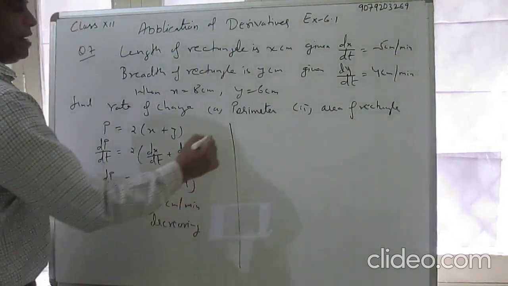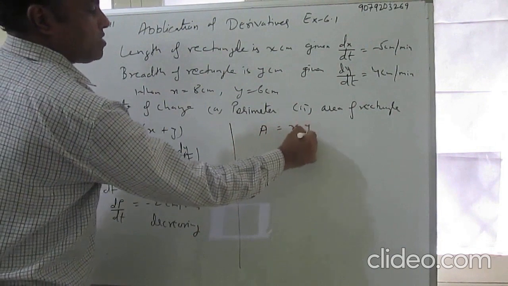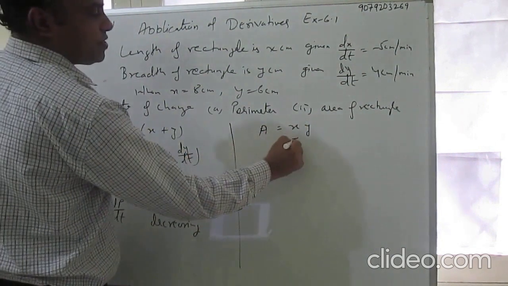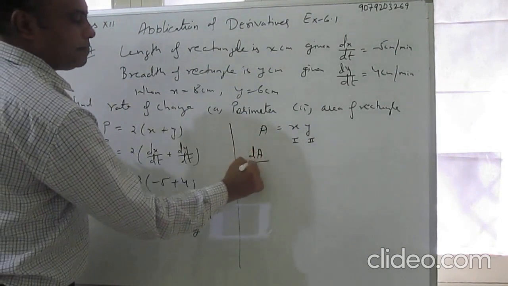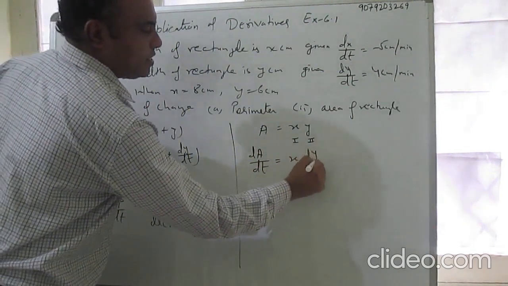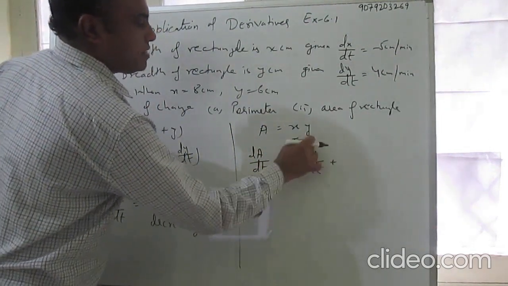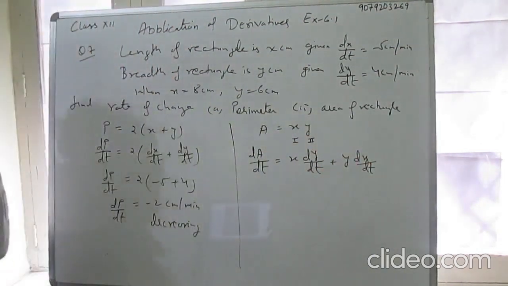Now area. What is the area of a rectangle? xy. This is the first function and this is the second function. So dA/dt, apply the product rule: first function into differentiation of second plus second into differentiation of first.